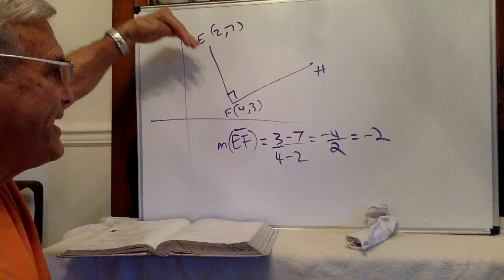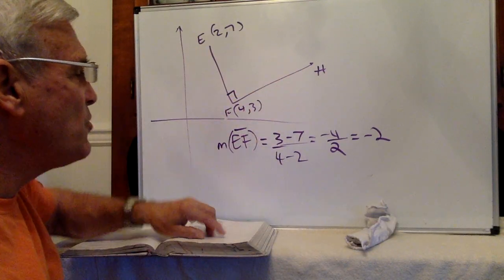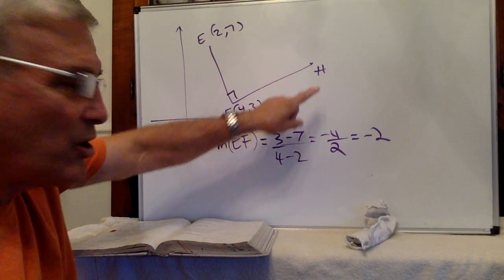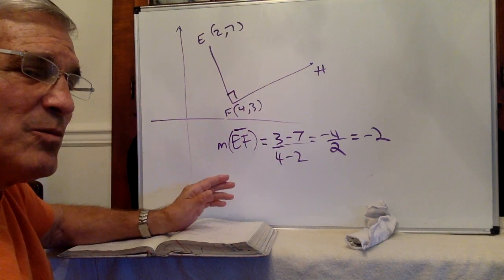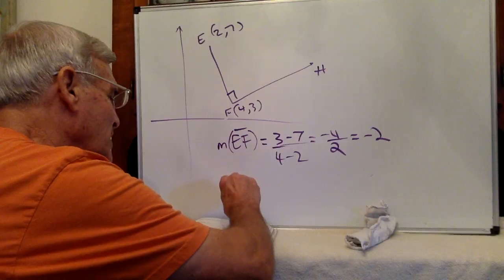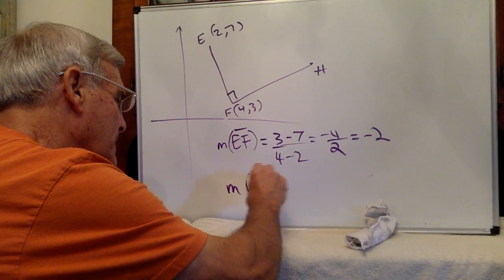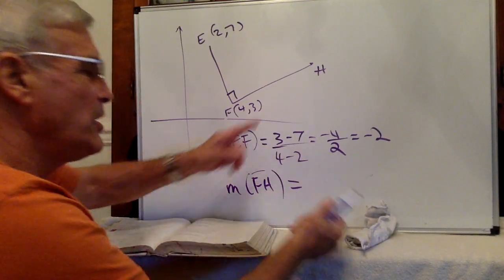And again, I knew I had to get a negative number because from left to right, it's going down. They wanted the slope of FH. I don't even need to know what point H's coordinates are. Because these two segments are perpendicular, the slopes are negative reciprocals. Therefore, the slope of FH is going to be the negative reciprocal of negative 2.